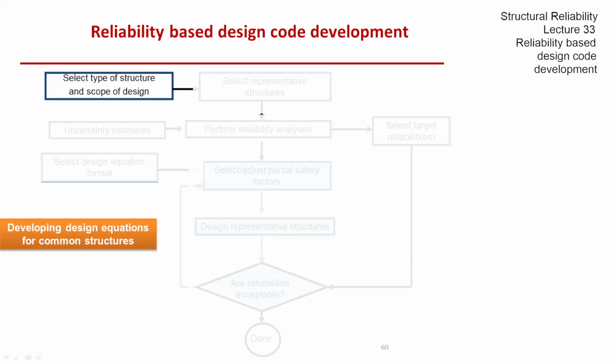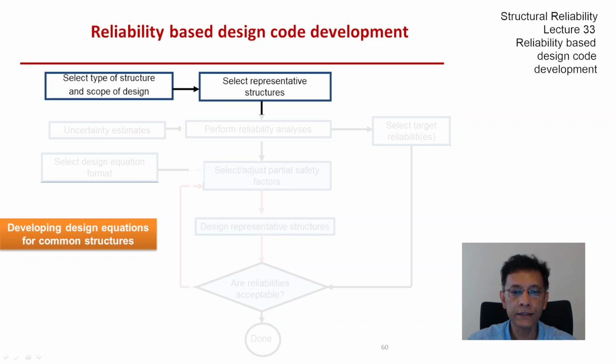So clearly we want to derive a design equation that is valid for a number of structures in various design situations, provided they are of the same type, of course. So we decide on the type of the structure and then on the scope of the design.